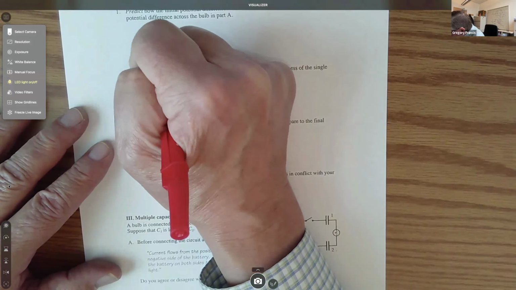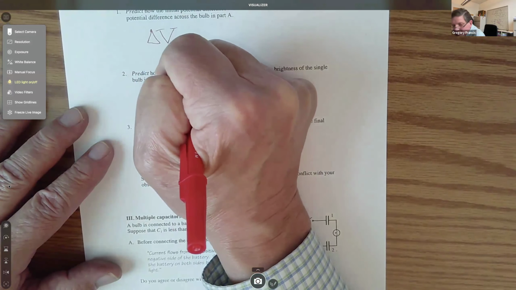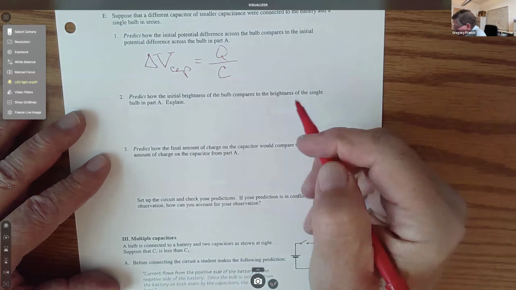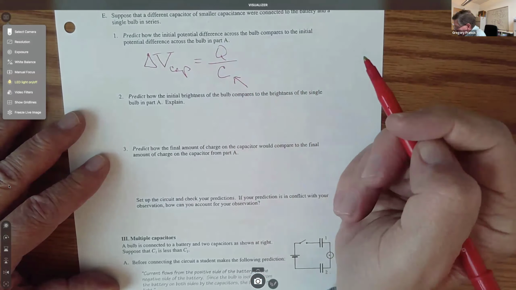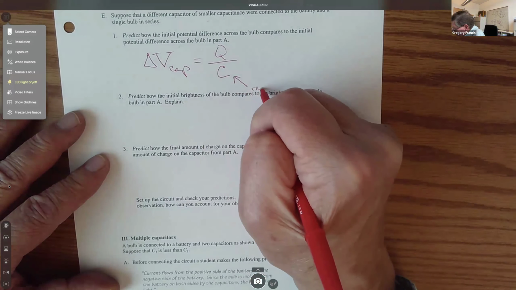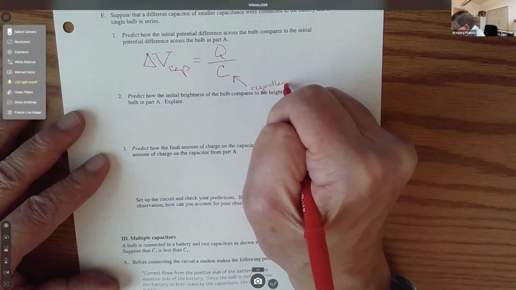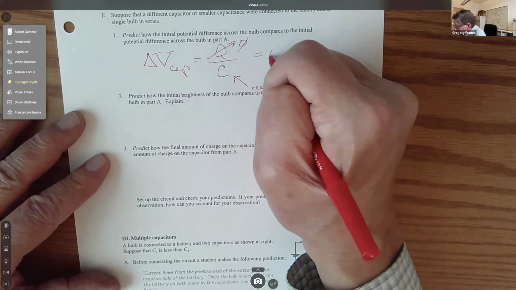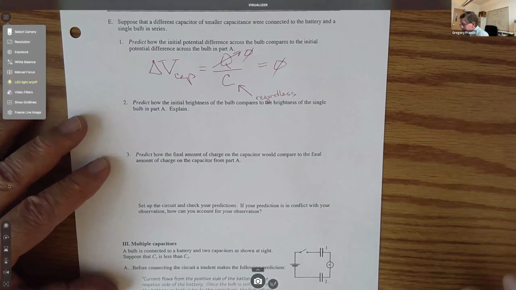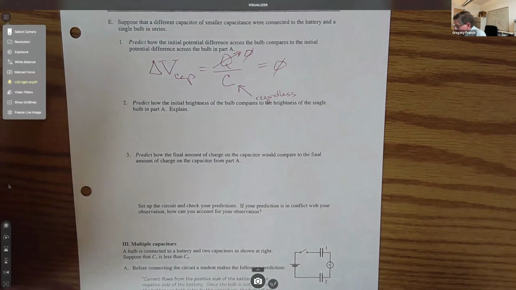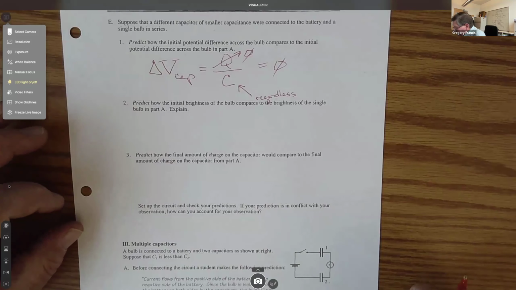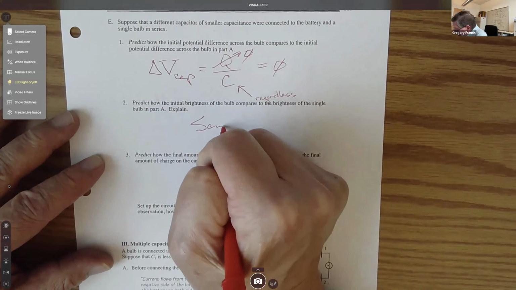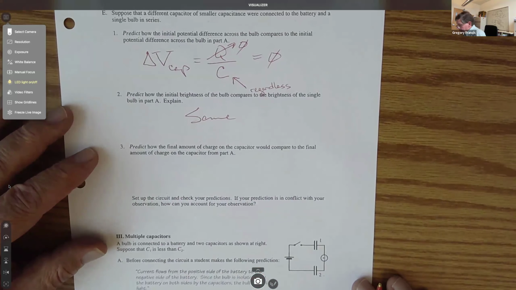The voltage difference across a capacitor is equal to the charge divided by the capacitance, regardless of what that is. If the charge is zero, it's going to have 0 volts across it. And that means all of the voltage of the battery is going to be across the bulb. And so the initial brightness of the bulb is going to be the same as with the other capacitor.